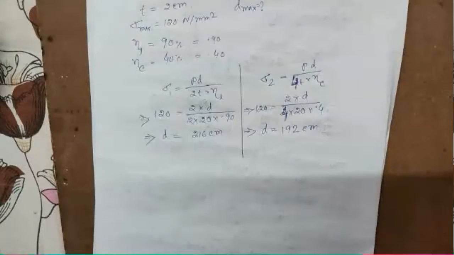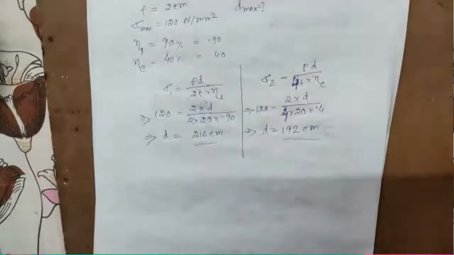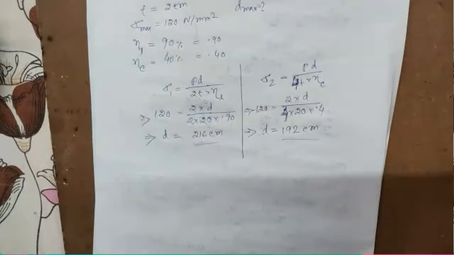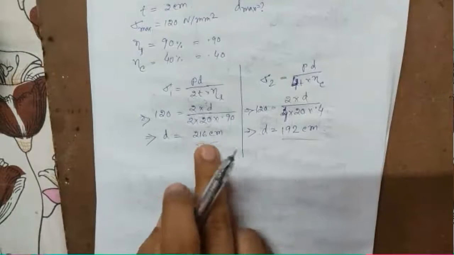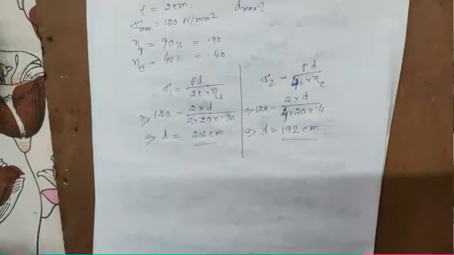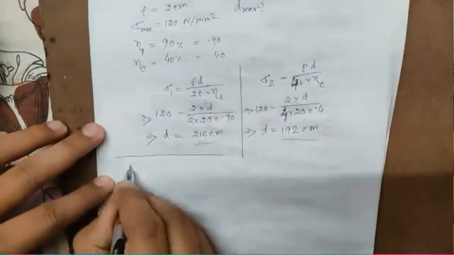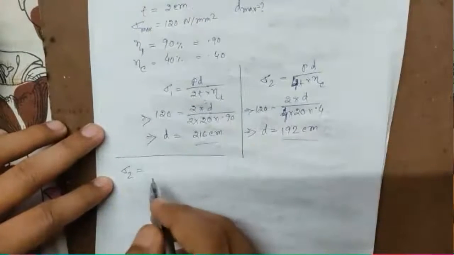Now we have two values in our hand. So the problem is, if we take D is equal to 216, in this case, let us find out what sigma 2 would have been.